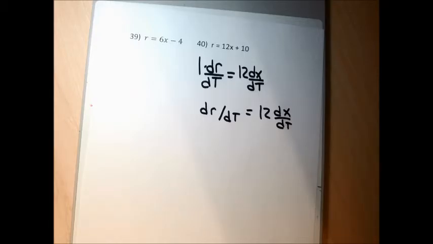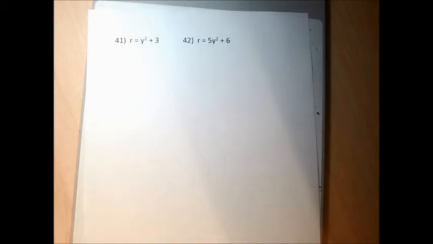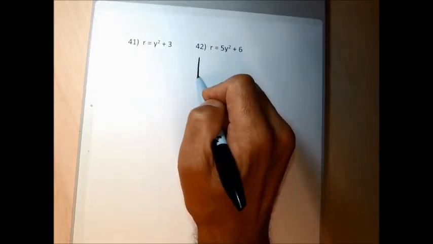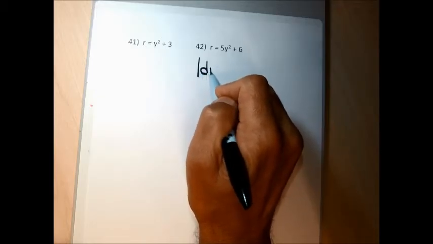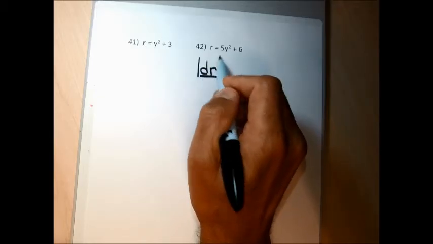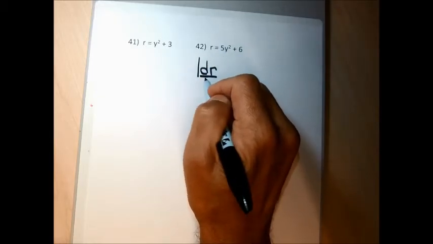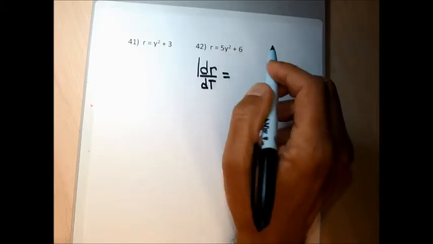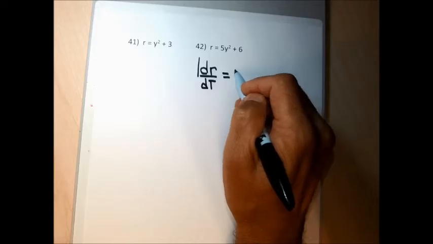All right, 1 more problem for me, maybe 2 for you. 42. Take the derivative of r, which would be 1, but I'm taking the derivative with respect to t. So in the numerator, I put a d with the letter I started with. In the denominator, I get with respect to t. The derivative of 5y squared would be 10y.